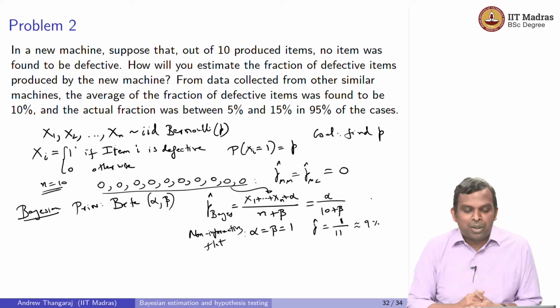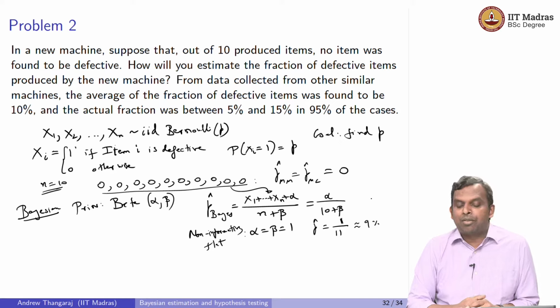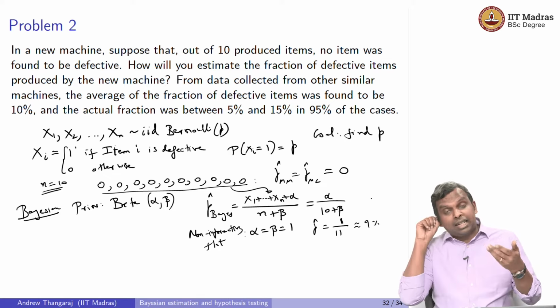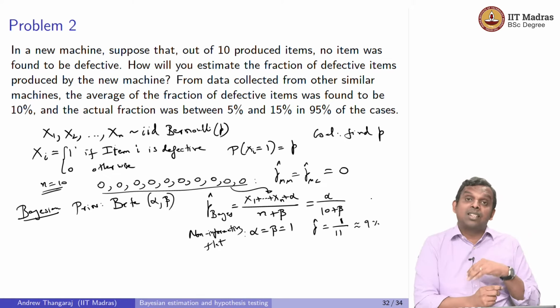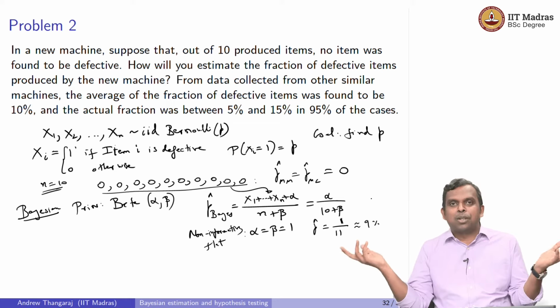Now look at the prior information that's given here. It says the average of the fraction of defective items was found to be 10%, so that's nice. And the actual fraction was between 5% and 15% in 95% of the cases. So you've collected this data from other similar machines in the past. Maybe you've used it, or maybe somebody else has used it and put up this information.